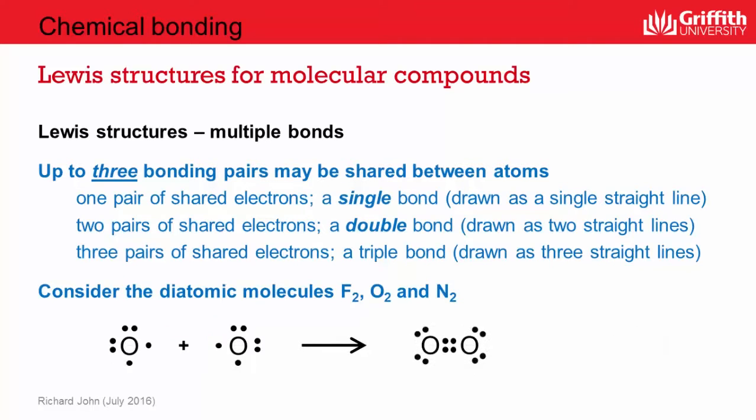In the case of oxygen, each oxygen atom has 6 valence electrons arranged as two pairs of dots and two single dots around the atomic symbol. Here, 2 electrons can be shared by each atom, resulting in a double bond, that is, 2 pairs of electrons drawn between the two atomic symbols.